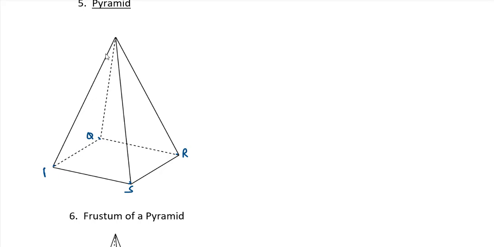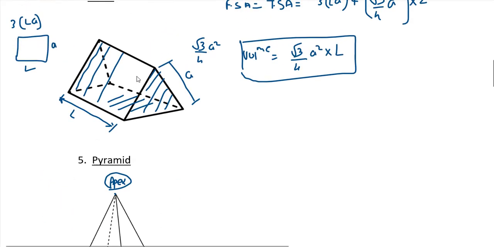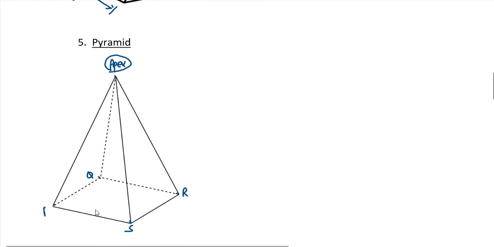All these edges converge into a single point, which is called the apex. This is the apex of the pyramid. Whereas in the case of a prism, we have a similar area on the other end as well. As you can see, we have a triangular face here and a triangular face at the bottom also. But in this case, all the points of the base converge into a single apex. So this is called a pyramid.